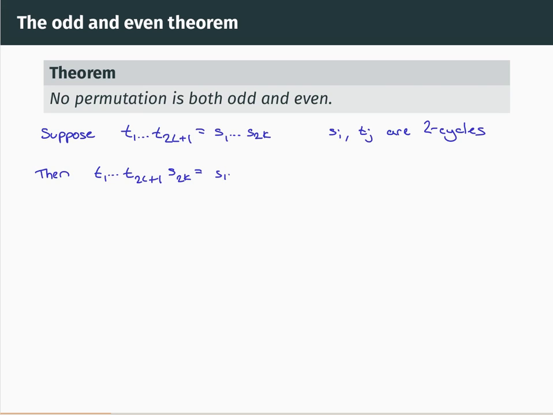So we get s1 up to s_{2k-1}, and we could keep doing this. So if we keep doing this with all of the s's, we get t1 down to t_{2l+1} times s_{2k} down to s1 is equal to the identity.